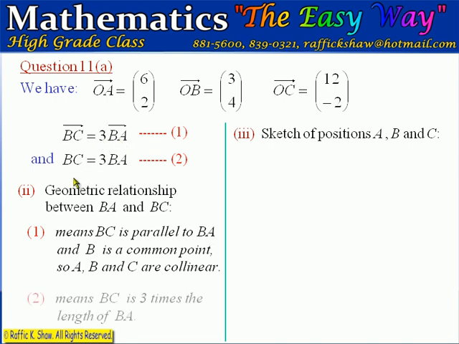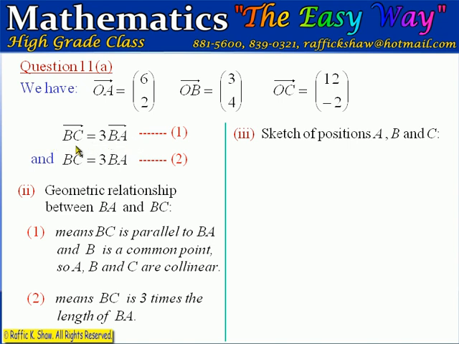The second equation, which is a scalar equation, means that the length of the line BC is 3 times the length of the line BA. So that's the relationship between BA and BC. BC is parallel to BA, and because B is a common point, it means that the points A, B, and C are collinear.